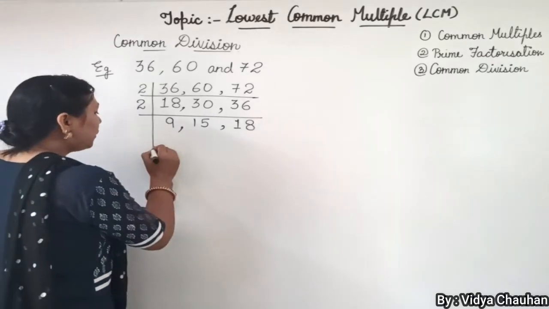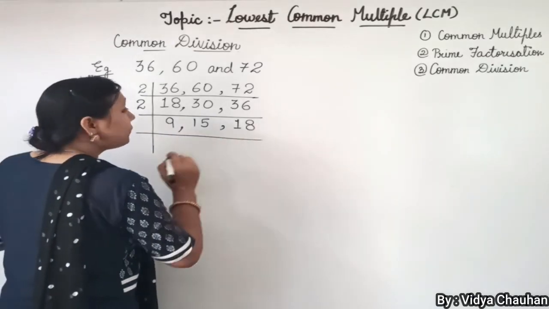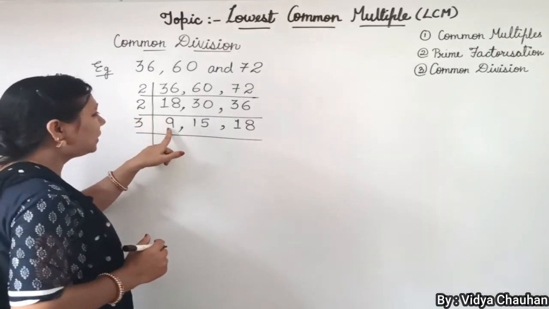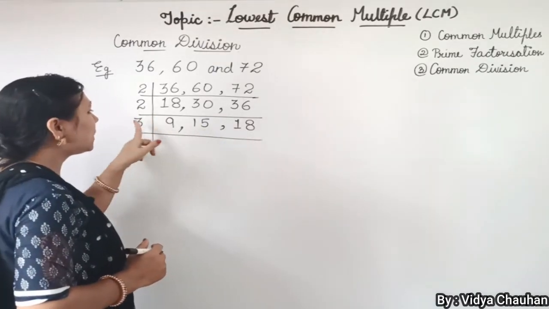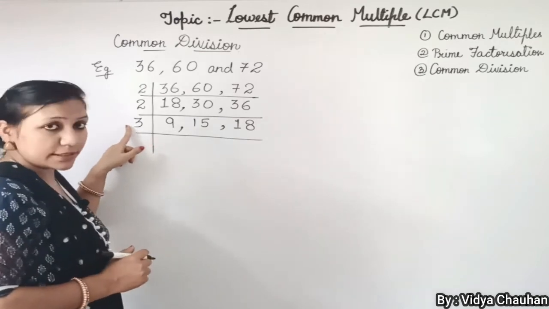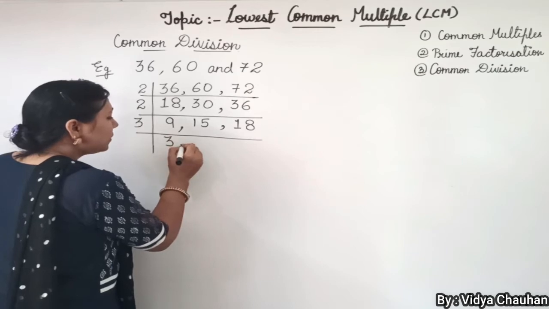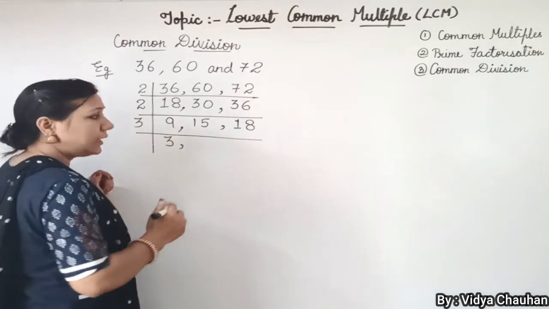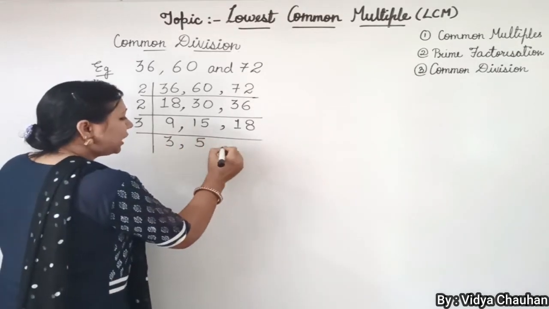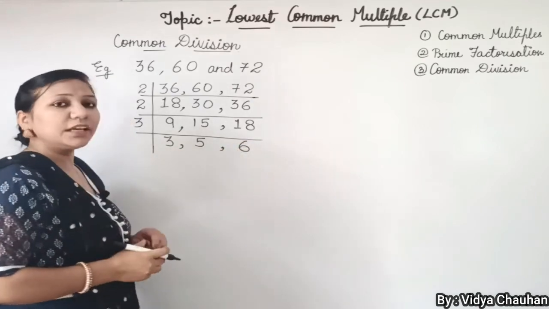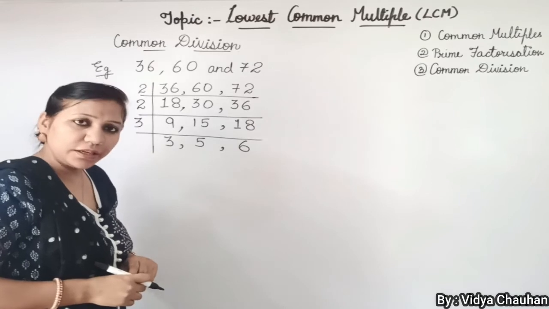So let us choose the next prime number, and that will be 3. Let us see whether all these 3 values are divisible by 3 or not. Answer is yes. So let us divide. 3 3s give us 9. 3 5s give us 15, and 3 6s give us 18. Clear, students?